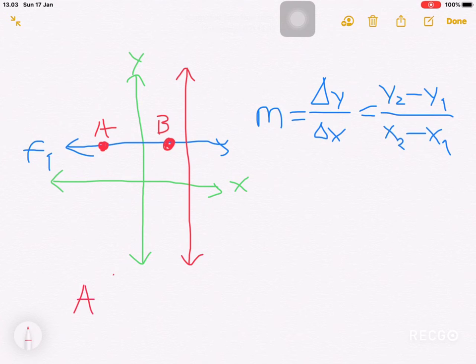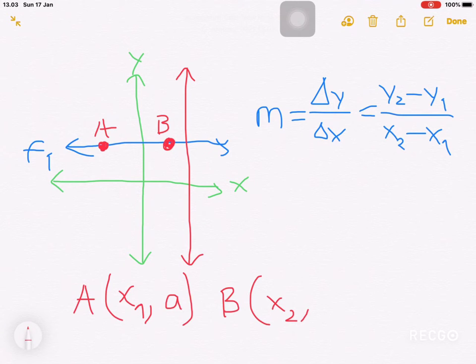So we'll assume the coordinates of A are x1 and a certain constant, small a. And for the coordinates of B, we'll say x2 and the same small a, since they are both on a horizontal line.